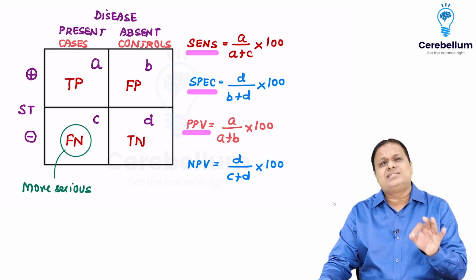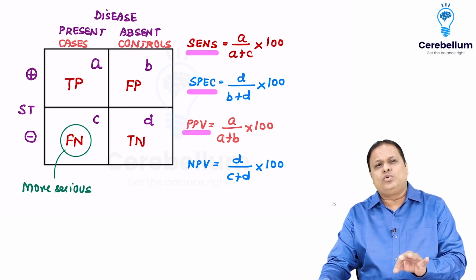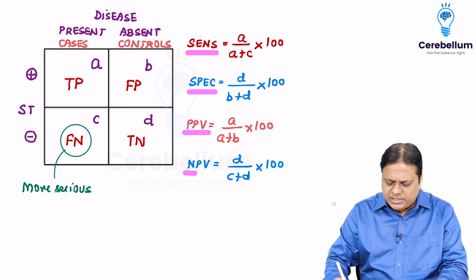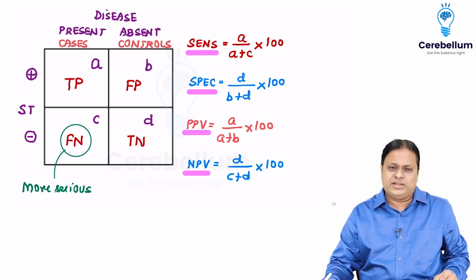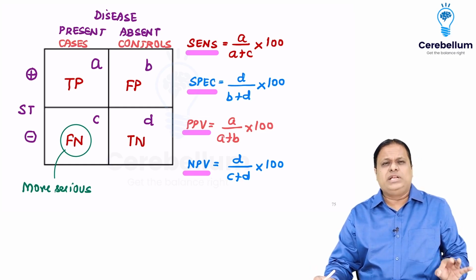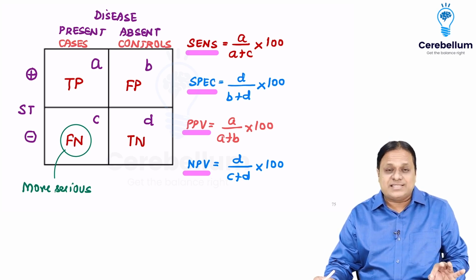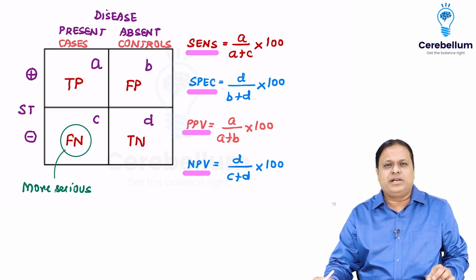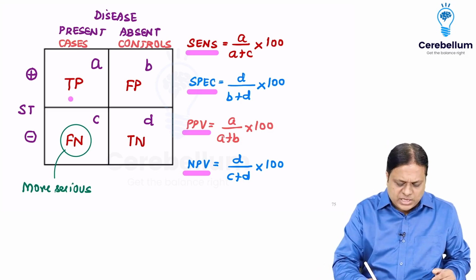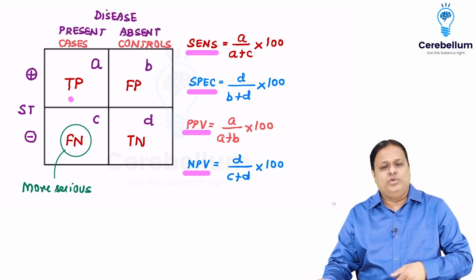PPV is those who are positive out of total positive. Negative predictive value is those who are negative in reality, healthy, out of total negative. So let me repeat: positive out of diseased, sensitivity. Diseased out of positive, positive predictive value. And those who are diseased also, positive also, they are true positive in the population.